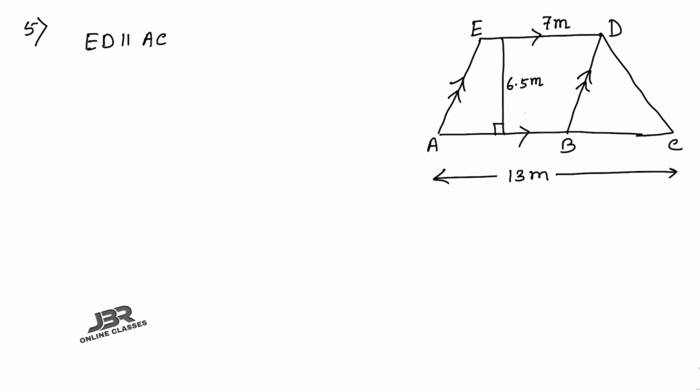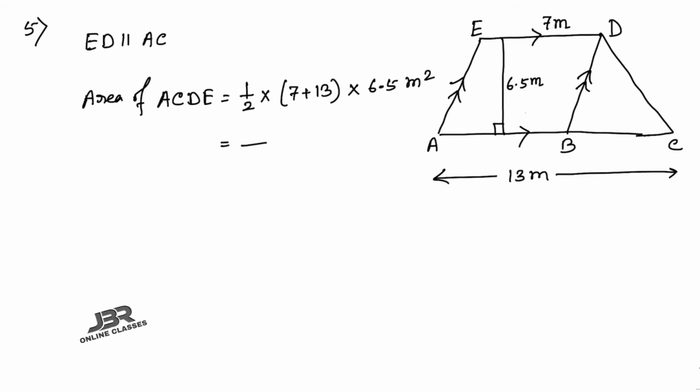The formula for the area of the trapezium ACDE is half into the sum of parallel sides, that means 7 plus 13, then into the distance between the parallel sides, that is 6.5. So it's meter square. Then 20 by 2, 6.5, that is 65 meter square.